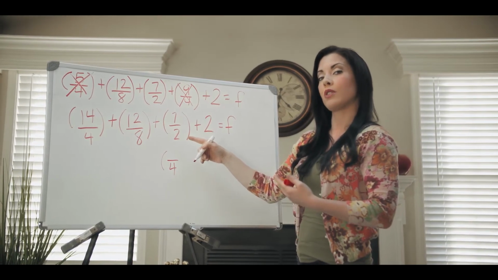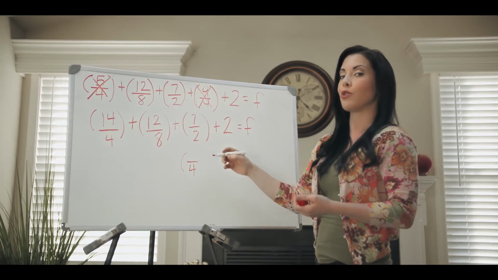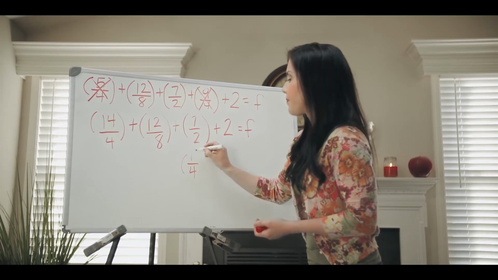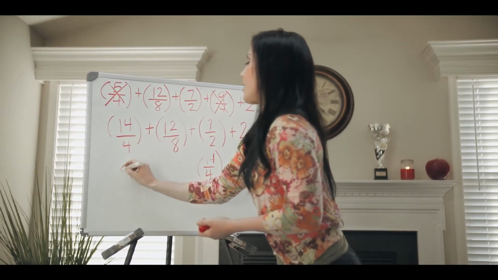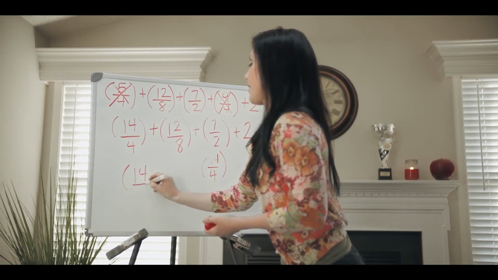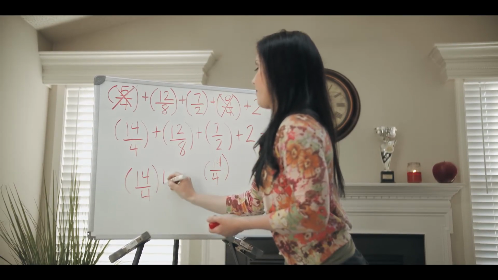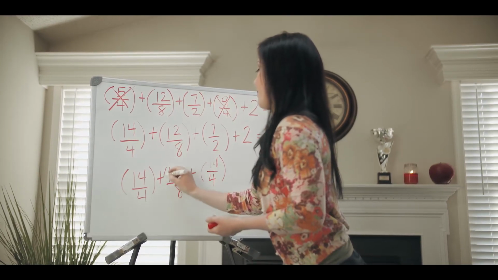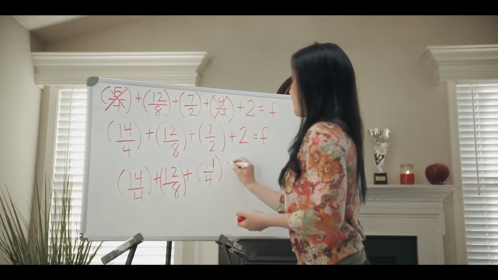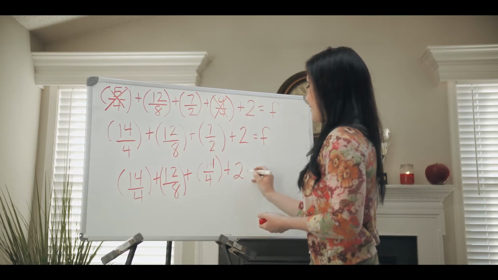So 2 times 2 is 4, so 7 times 2 is 14. Okay, and you can go ahead and rewrite. Plus my whole number of 2.